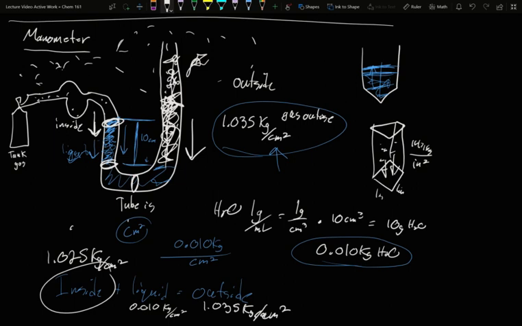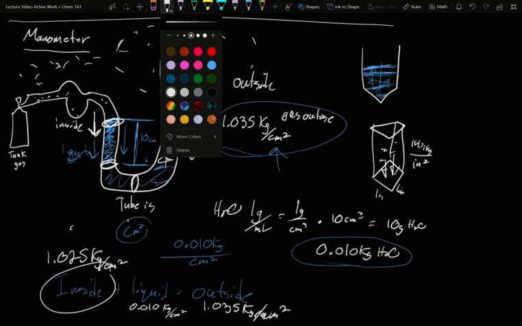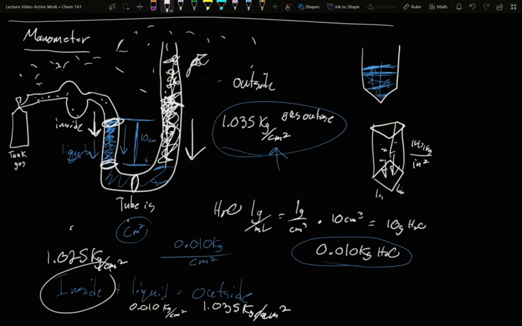Do the calculations, you can figure out what your inside must be compared to the outside. Where we see this most often with manometers is honestly in things like millimeters of mercury, because that is literally where this unit comes from.